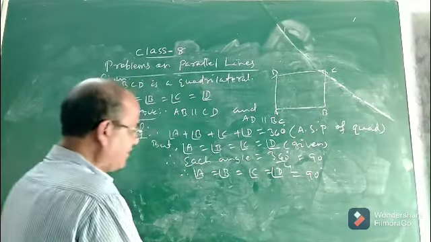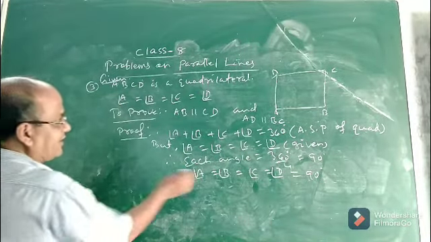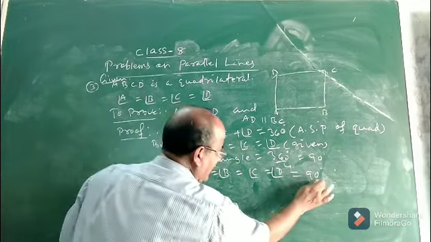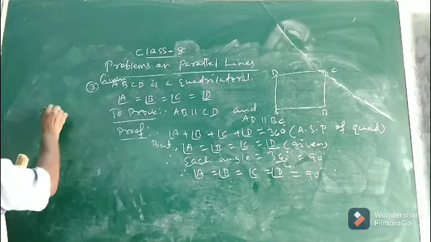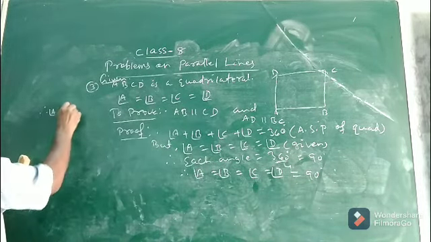So what will be my next step? My next step will be, see, I got each angle how many degrees? 90 degrees. Therefore, I can say that angle A plus angle B equals 90 plus 90, that is 180 degrees. But you see, angle A and B lie on the same side of the transversal AB.